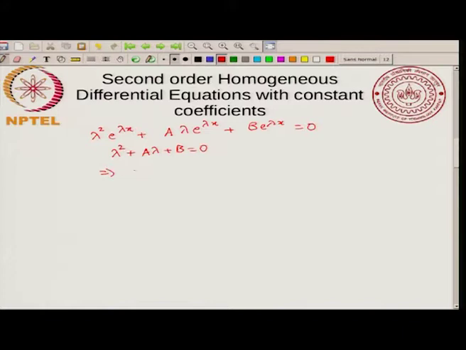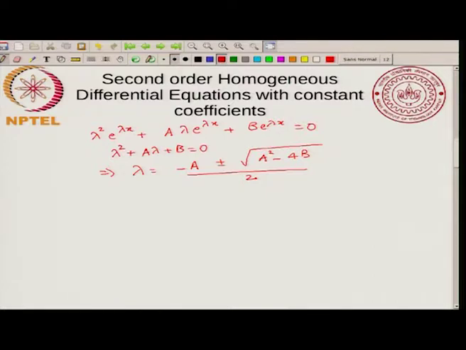So, this implies lambda equal to negative a plus minus square root of a square minus 4b, divided by 2. Okay, so it is a quadratic equation and these are the solutions. So, what can I write?